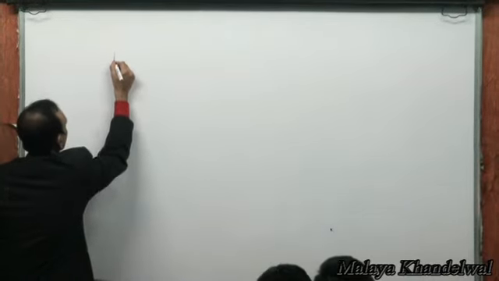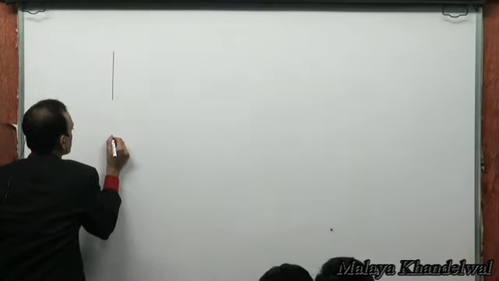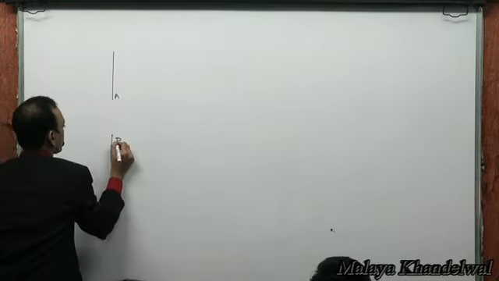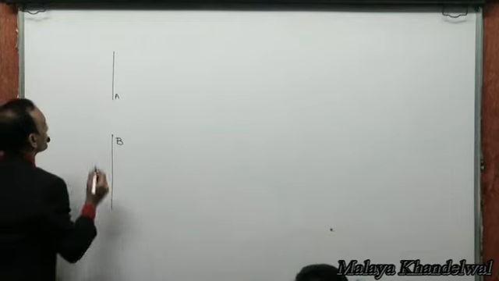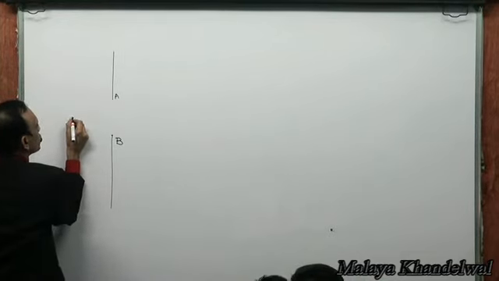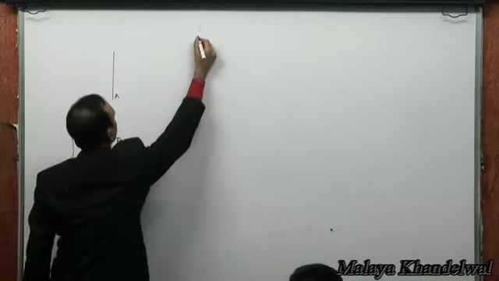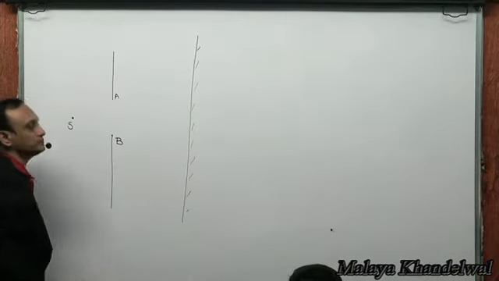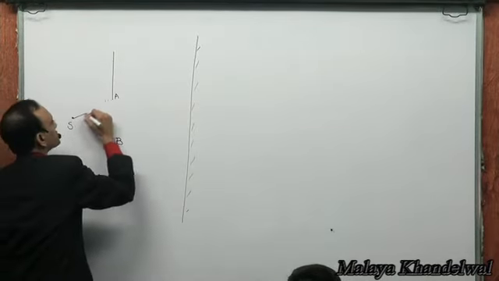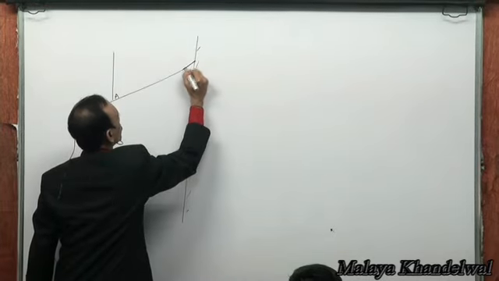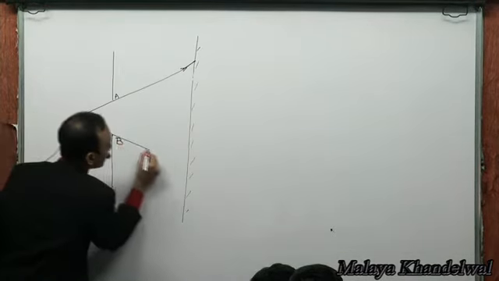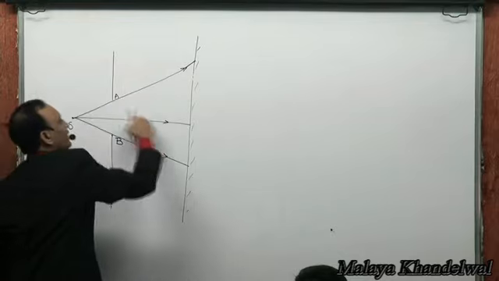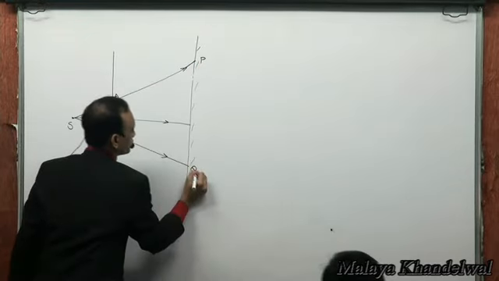Now, suppose there is an aperture AB, and there is a source of light S, and there is a screen here. Now you would expect light to travel along the straight line, along this, and very many paths between P and Q, right?